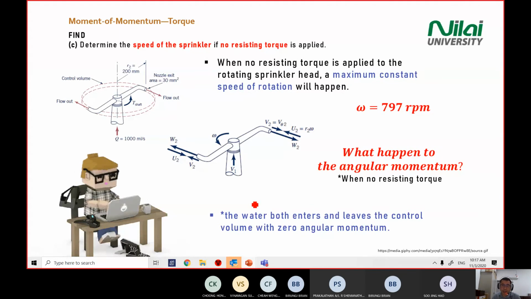Meaning that when there's no resisting torque, your torque component equals 0, the water at the entrance, which is here, and the exit will have 0 angular momentum.